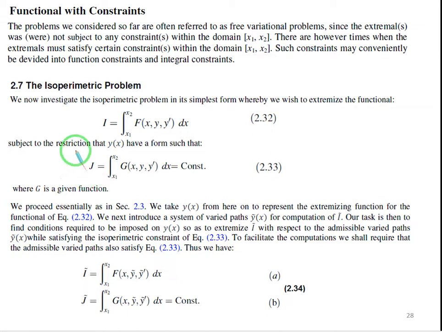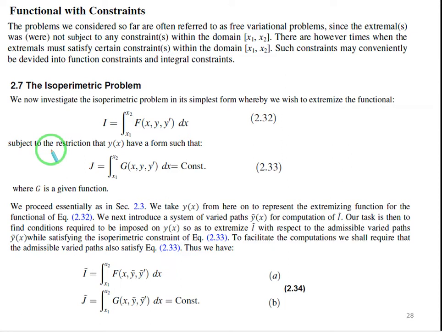Let's say that our problem is to find the function y which is going to give an extremum amount for the functional I, but at the same time y cannot be any function.